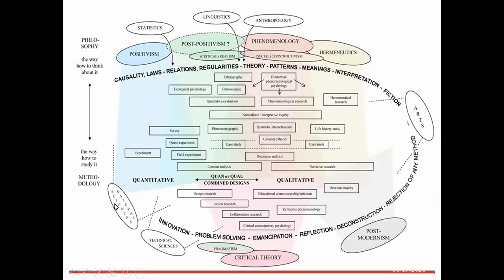I said that here we have things like biology, chemistry, and their research is largely quantitative. And the methods under there, we have experiments, field experiments, quasi-experiments. Then we have some surveys there. But these are quantitative methods, and they fall under the quantitative methodology.